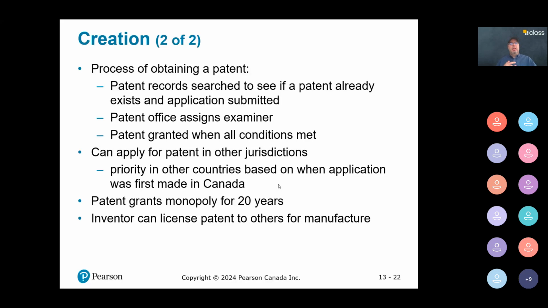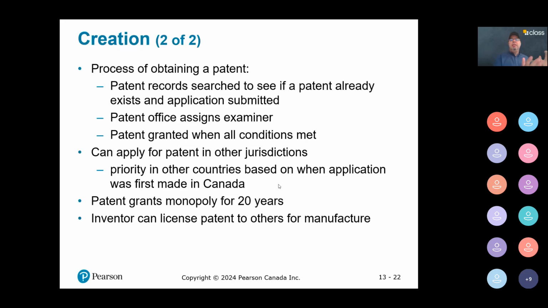If we're applying for something related to engineering, biology, chemistry or IT, whatever the matter is, there's usually a patent examiner that has specific knowledge on that matter. So you apply for a patent, the patent may be granted or denied. If it's granted, you have a monopoly, you have exclusive rights over your patent for 20 years.